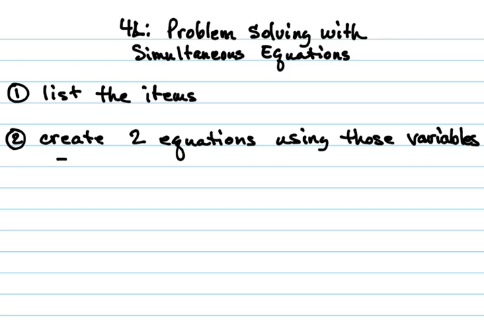Your job is to keep them organized. In other words, don't mix information from one sentence with information for the other. So let's say that the first sentence is talking about the price that you're going to charge. Well, then the only thing you want in that equation is items that deal with prices.